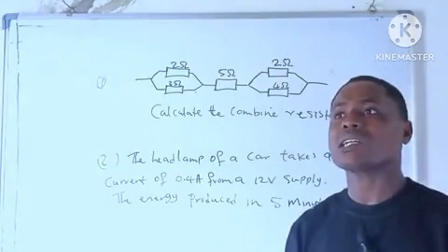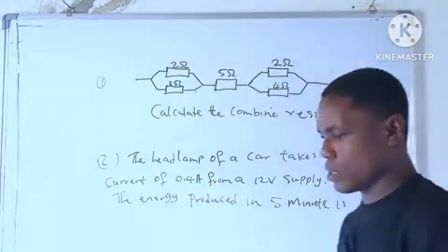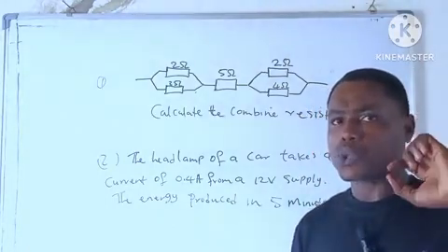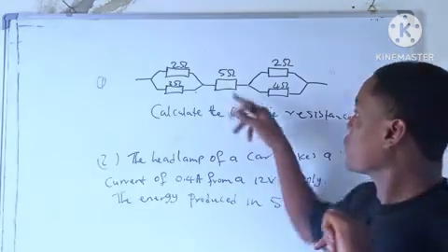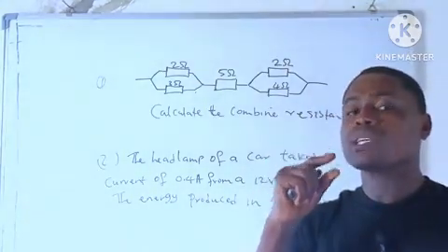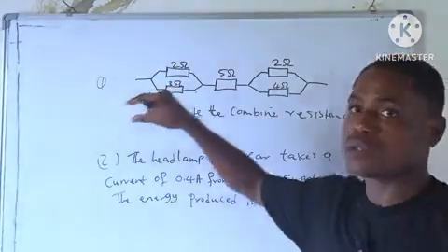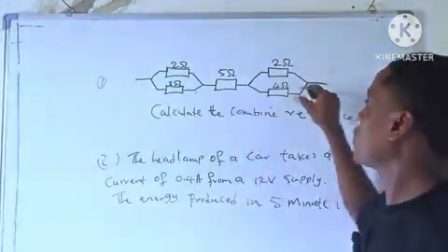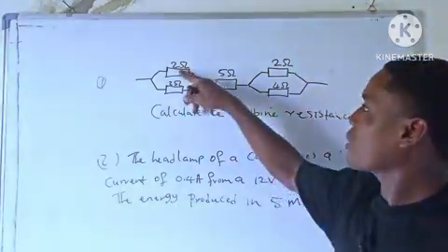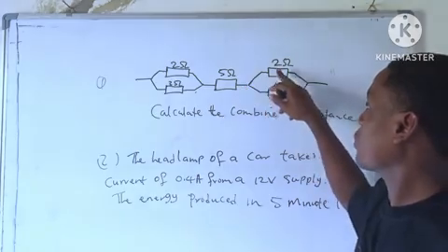Now in electric circuits, I want to say something. In a circuit, the resistors, the potential difference is the same in all the resistors, which is the volts. It's the same in all the resistors, but the current is different. The current in this one is different from this one, and this one is different from this one.